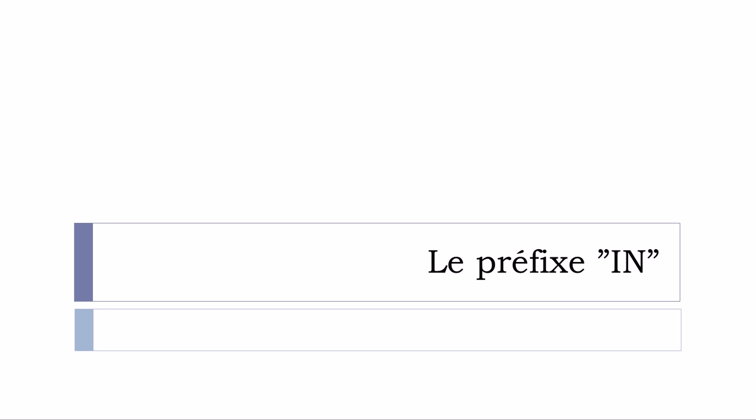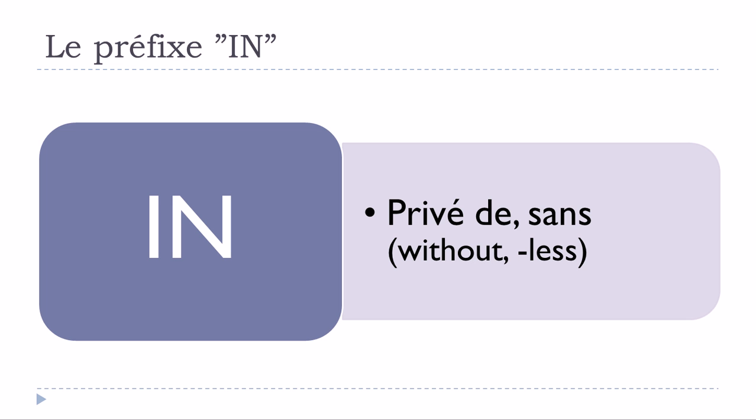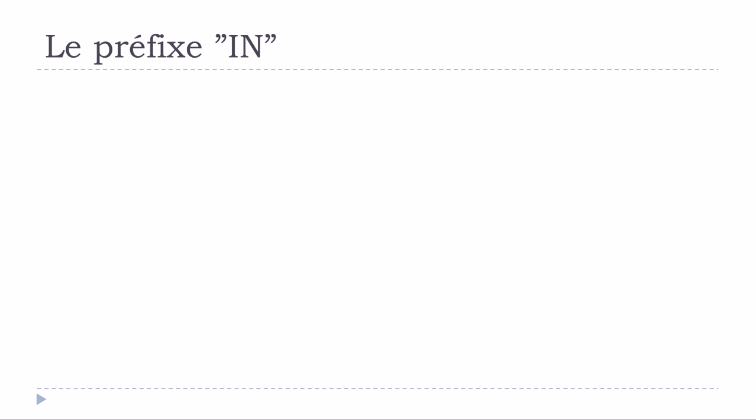In that case this IN préfixe will mean privé de or sans. Privé de, sans. And this IN will be used when the original word starts with a vowel or H plus une voyelle.